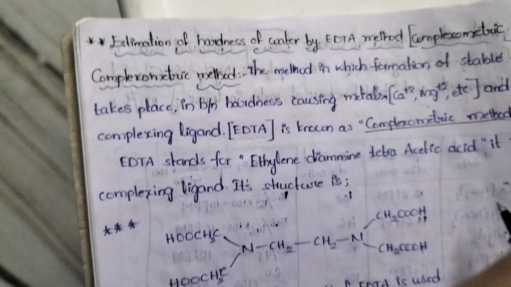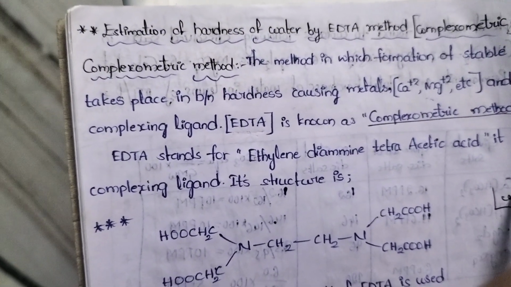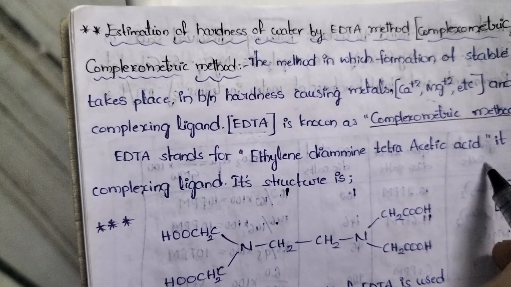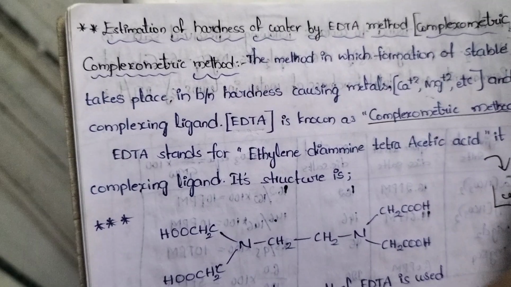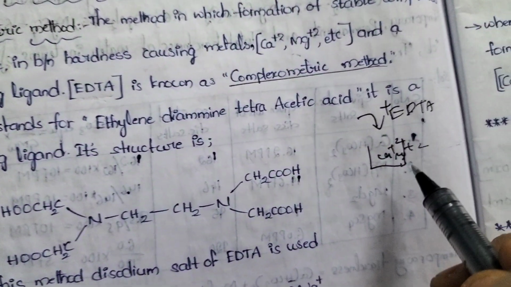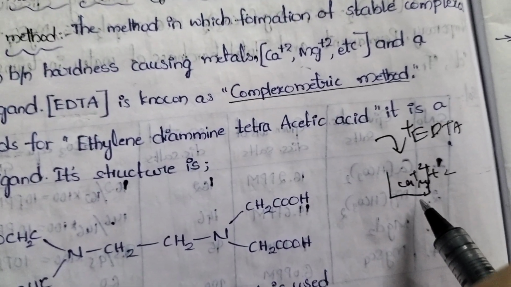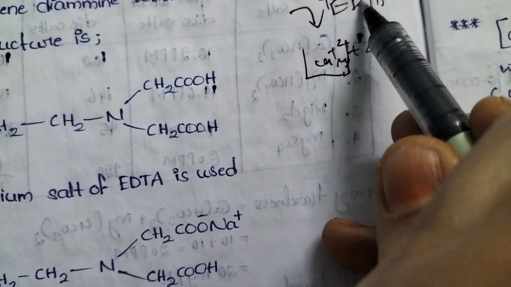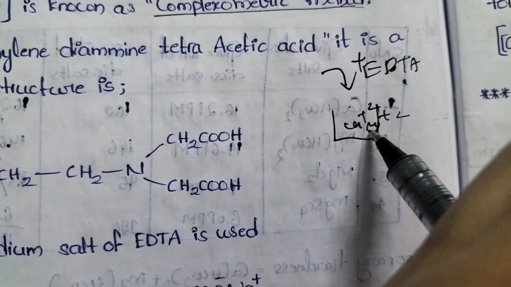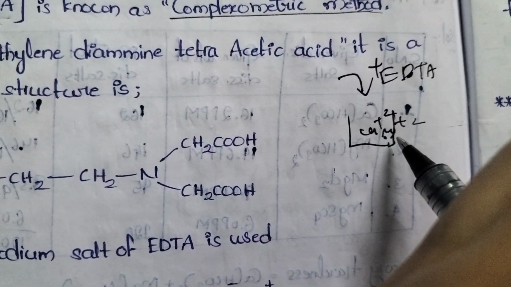Consider this is water. This water consists of calcium and magnesium. Whenever we add EDTA to this hard water, this EDTA captures the hardness causing metal ions and forms one stable complex.